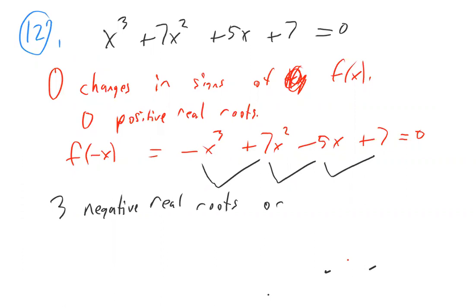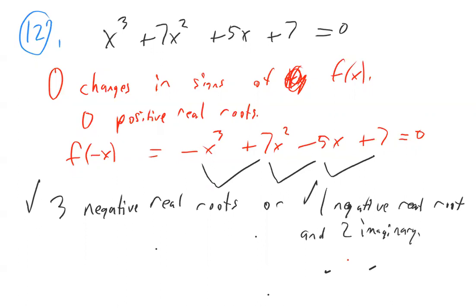So it's possible that you have only 1 negative actual real root, but then you have 2 imaginary roots. So you could have 3 negative real roots, that's a possibility, or you could also have just one negative real root and 2 imaginary roots.